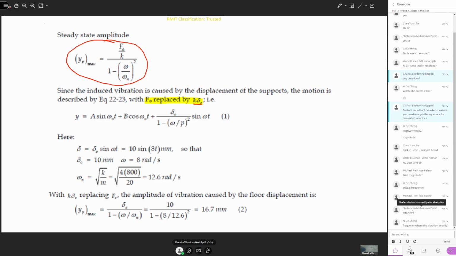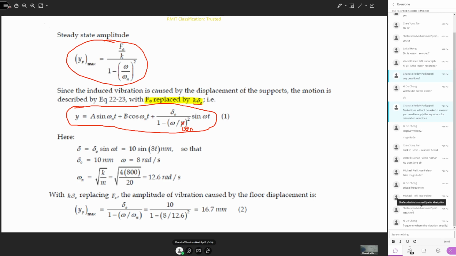So the complete solution response you can write like this. Here this p refers to, it is a typo, so you can write omega n. So this is the response given.